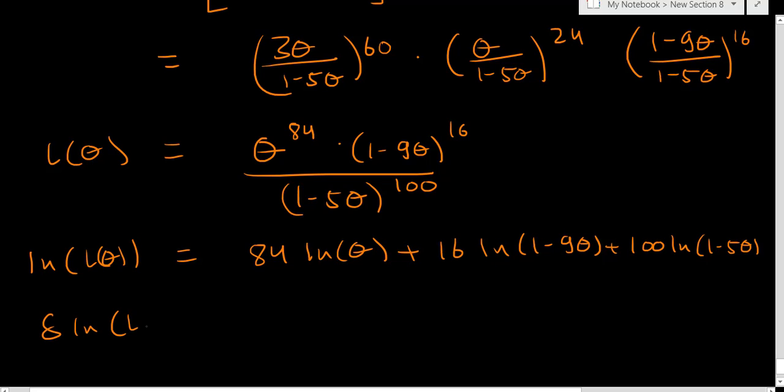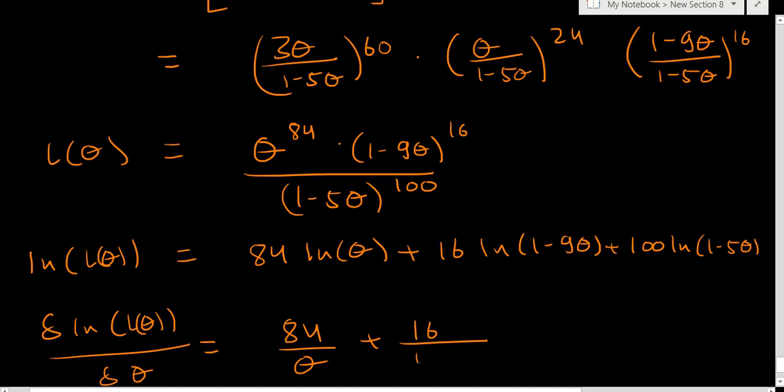Let's just take a derivative of this thing with respect to theta. So taking a derivative, this is 84 over theta. This is 16 over 1 minus 9 theta into minus 9, and this is 100 over 1 minus 5 theta into minus 5.